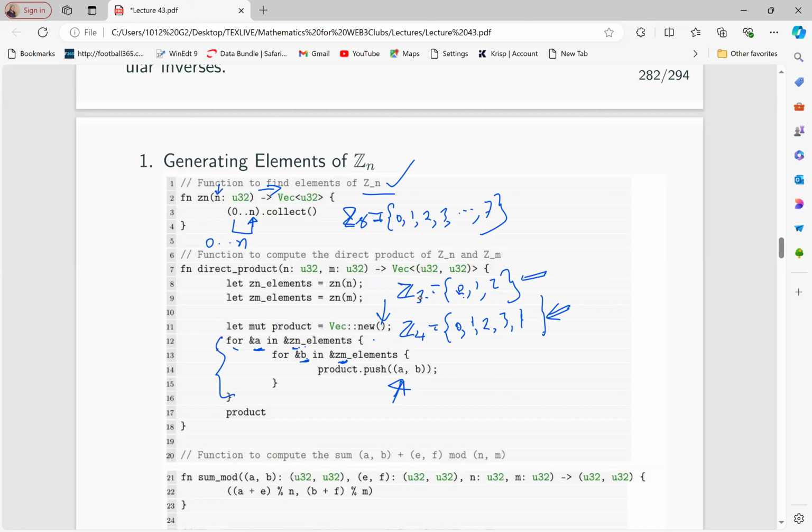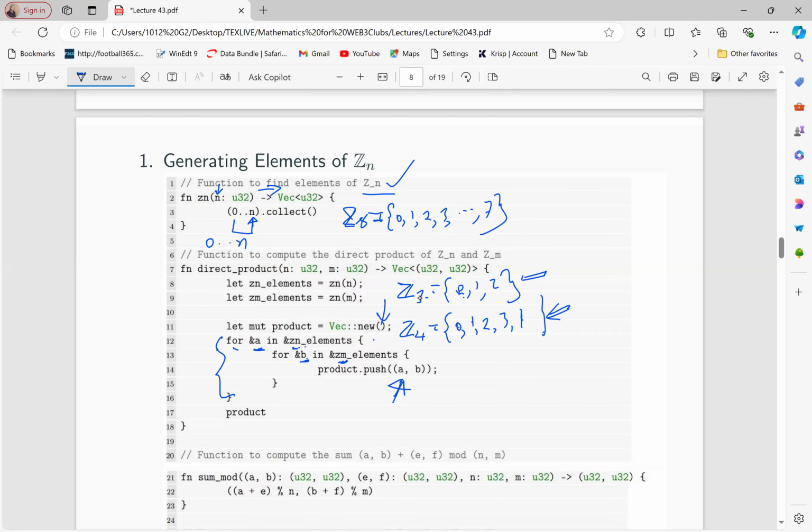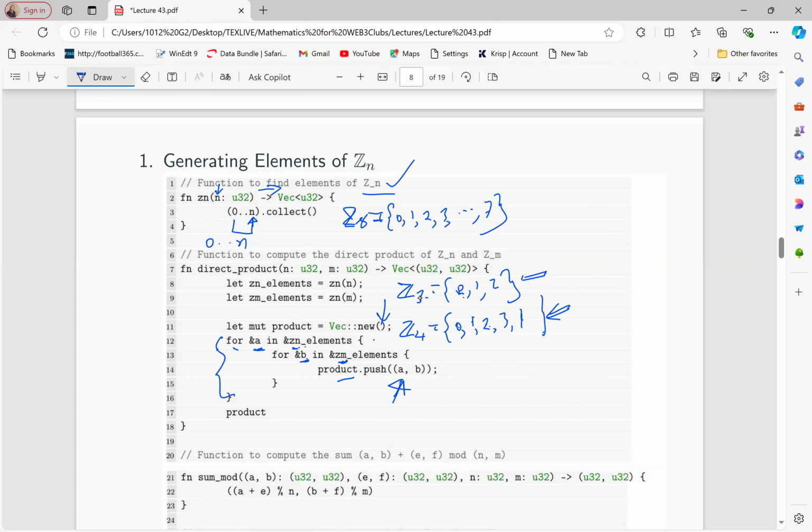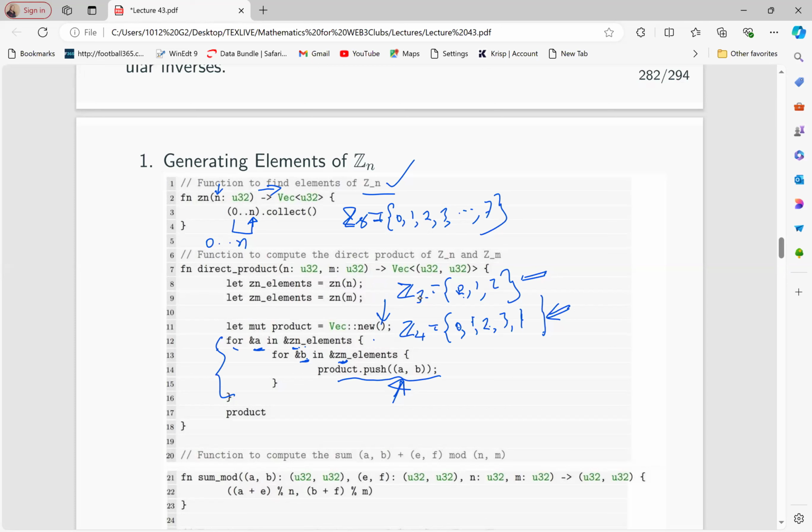After combining 0 and 0, it pushes into that vector, so it becomes an element of that direct product. Then 0 with 1 again pushes that, then 0 with 2 pushes that, and so on. So every element in Zn combines with every element in Zm to become a product.